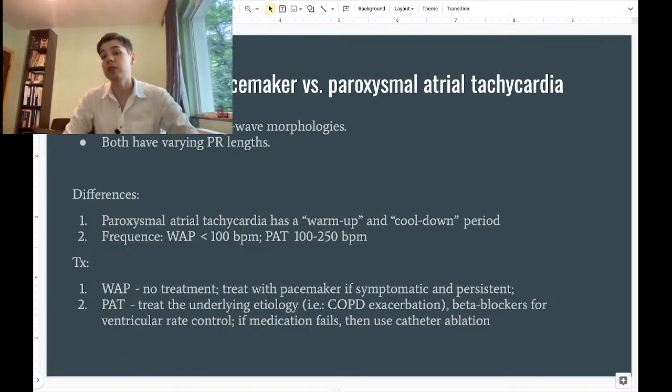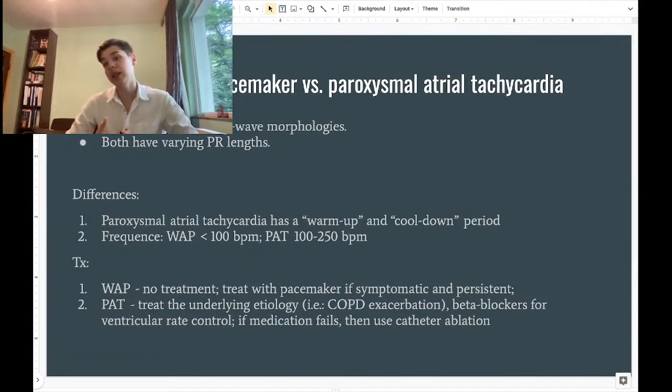In the case of paroxysmal atrial tachycardia, we have to treat the underlying etiology, such as COPD exacerbation. As Carlos said, we firstly add albuterol and corticosteroids. Then, if we have no success, we can go for beta blockers if we have problems with the ventricular rate.